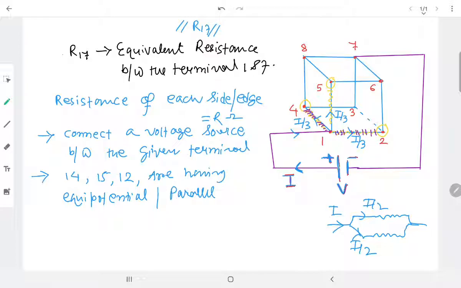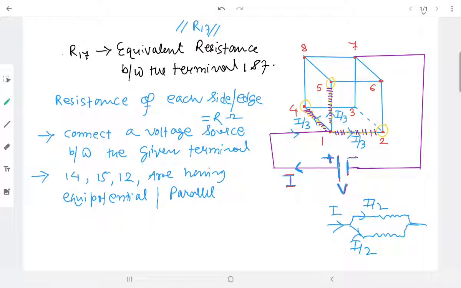Suppose I am on the point 5, I want to come to this positive terminal, how many resistances? Minimum one resistance. That's why 4, 5 and 2 all are on the same potential level. Because they are on the same potential level, current is divided equally.